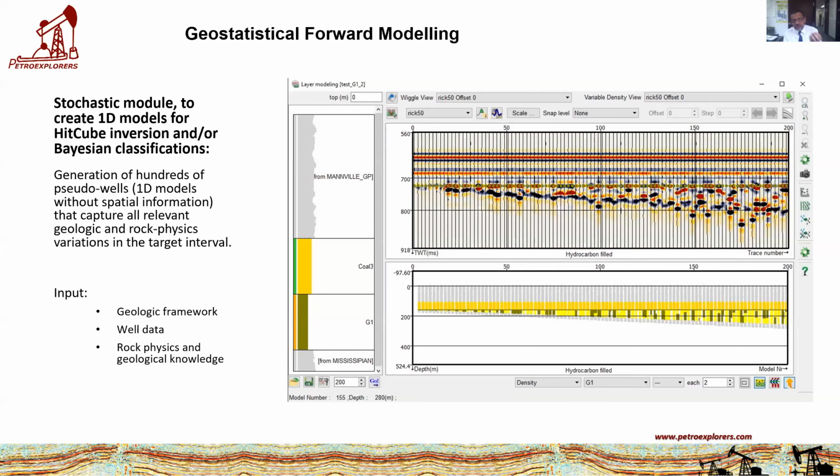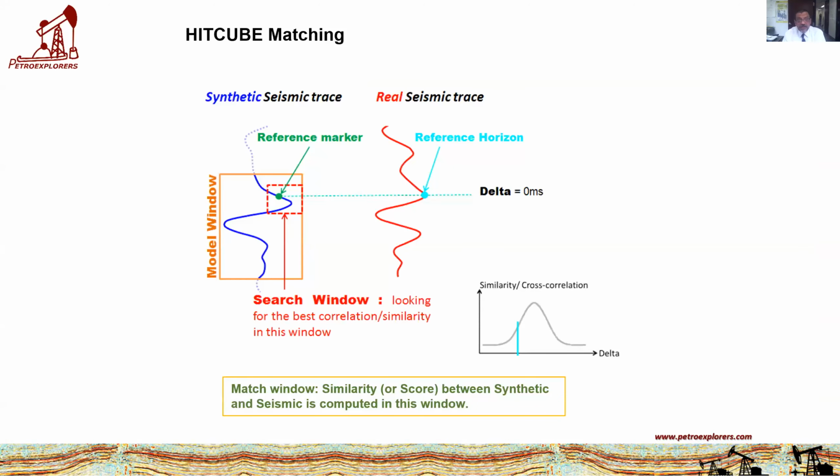And also, if you're using deterministic inversion as an input, you can use that as well, or you can use the lambda-rho and mu-rho volumes as an input. Then it finds the delta t, the time difference between synthetic and seismic, because you're controlled by the horizons, so that gives you the adjustment.